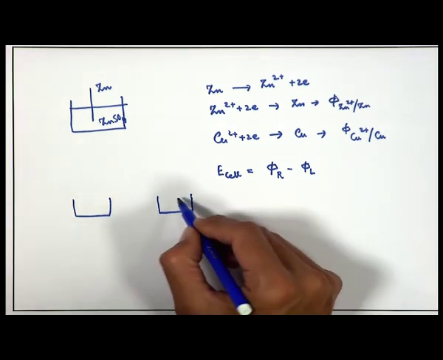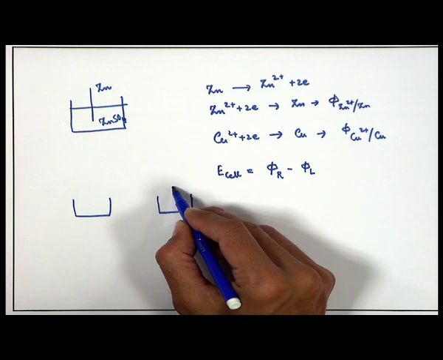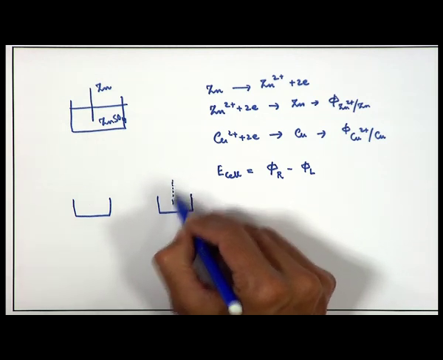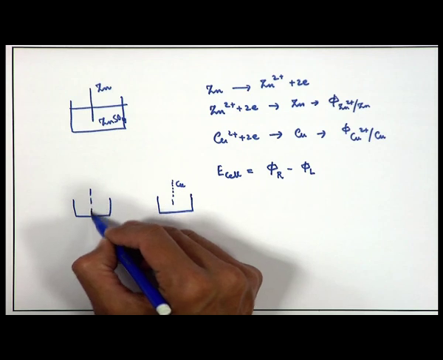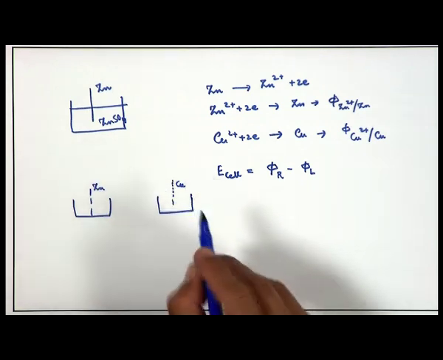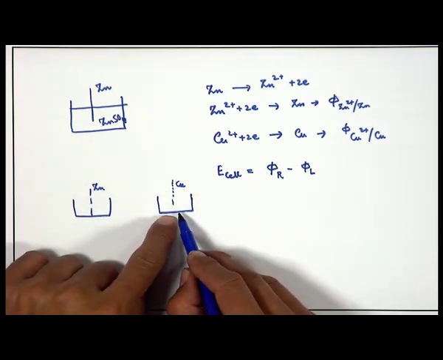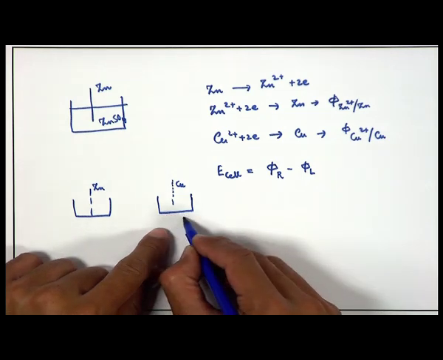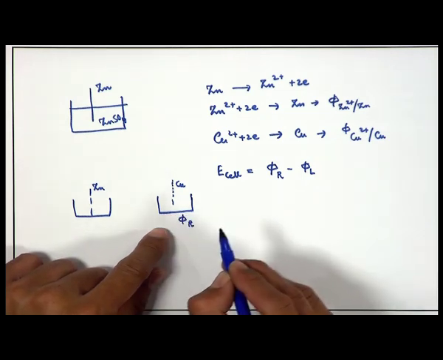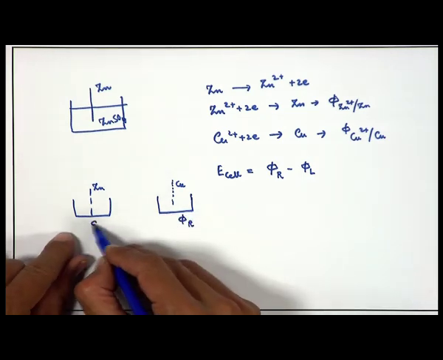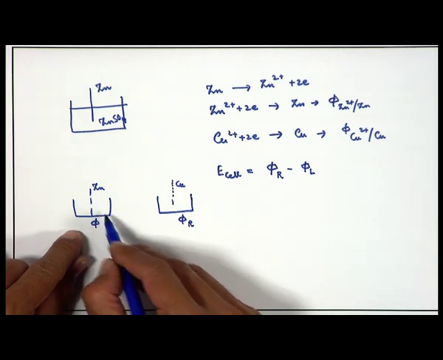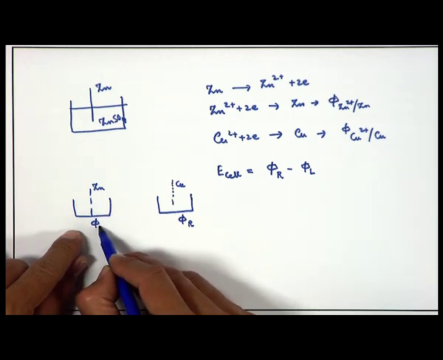So, like here you have reduction means copper over here and oxidation is zinc over here. So, therefore, whatever phi in reduction potential scheme, it is phi right, okay, and this is phi left, again in reduction scheme, but it is phi left.